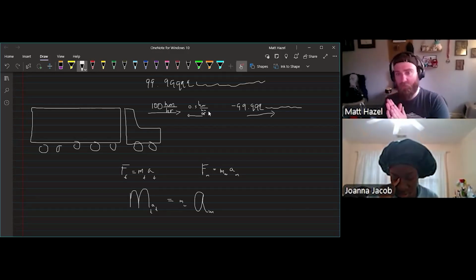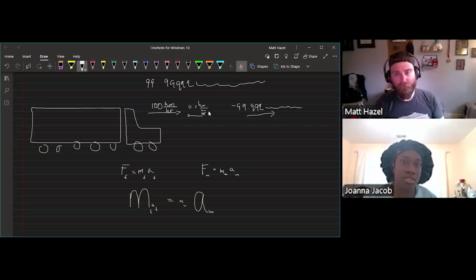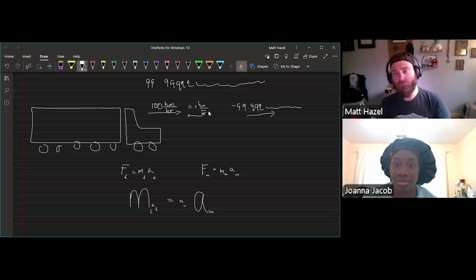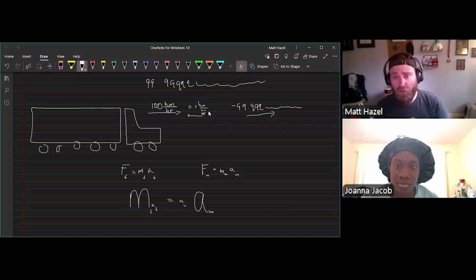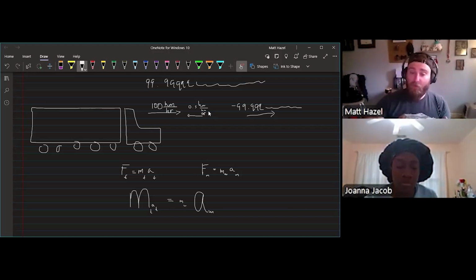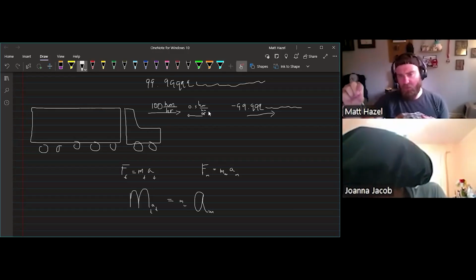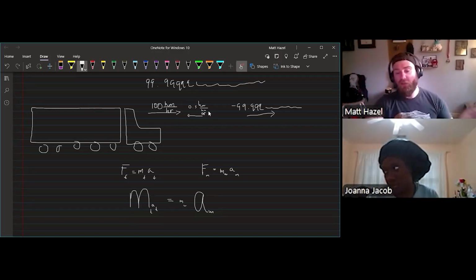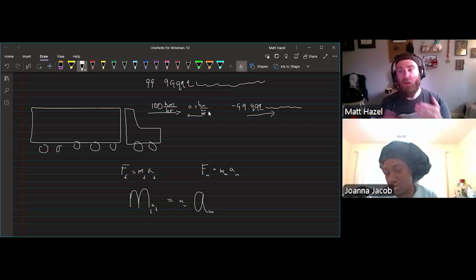That's the equivalent of the window cracking. Exactly. Now, if the truck slams into another car, a car is even more massive, so both of them are going to experience quite a bit more damage, because even though it's less acceleration, it's going to have more mass. So that's going to change the acceleration of the truck.